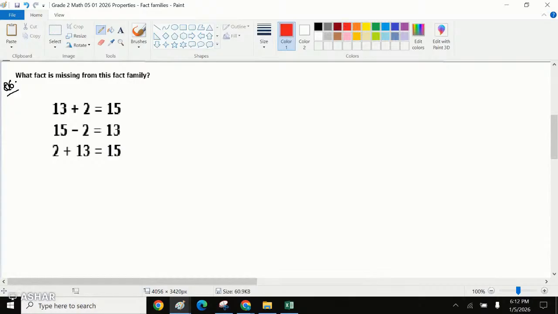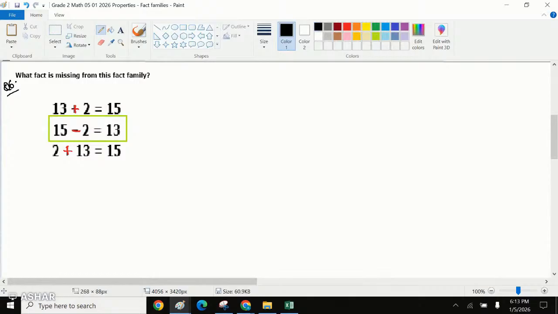We can say we have one positive, this is negative, and this is positive, right? That means we do not need to consider the positive statements because they're already there. What do we need to consider? We need to consider the negative statement.